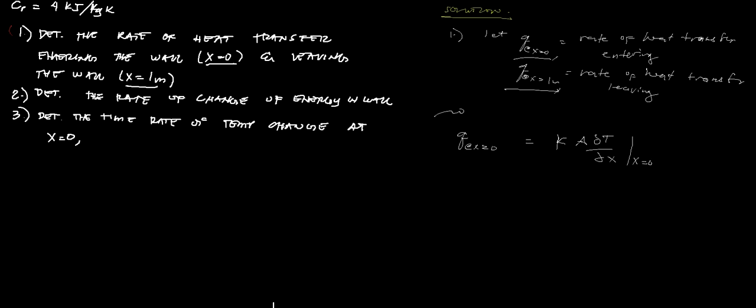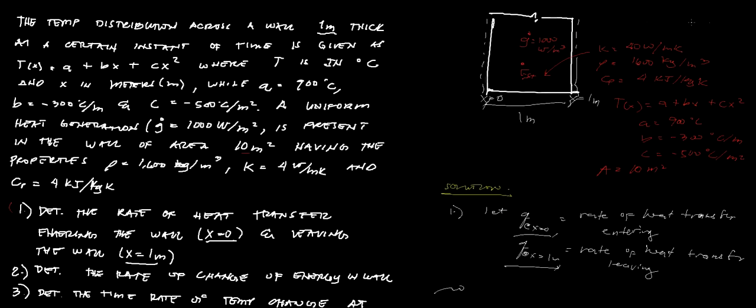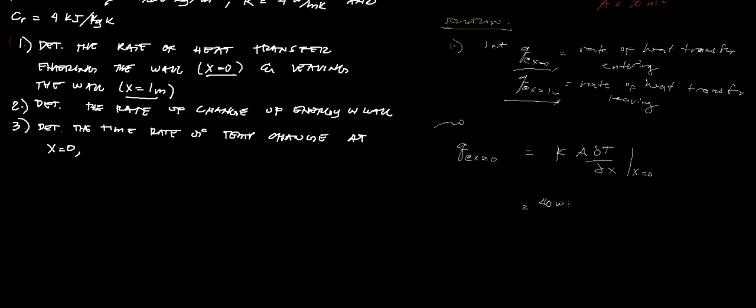Okay, so the value of our K is 40 watts per meter K, and the area is 10 square meter, then dT/dx. Okay, so we need to solve for this term.